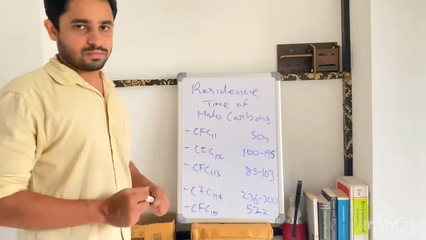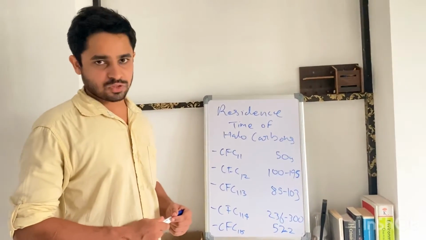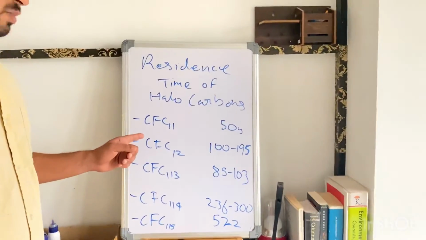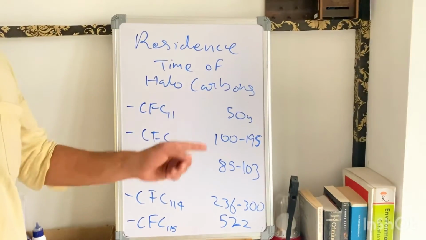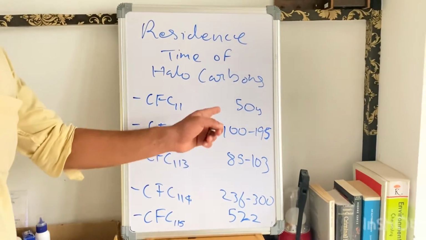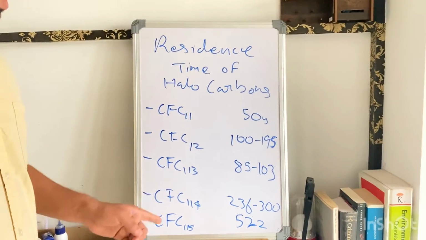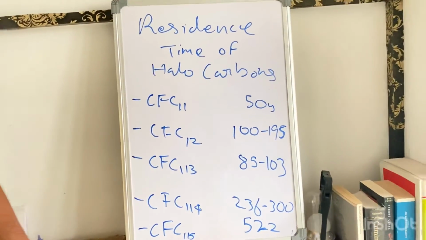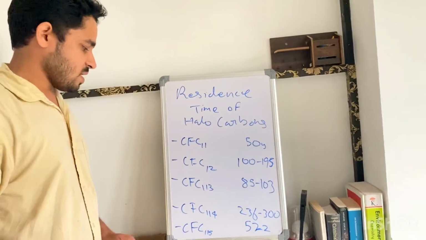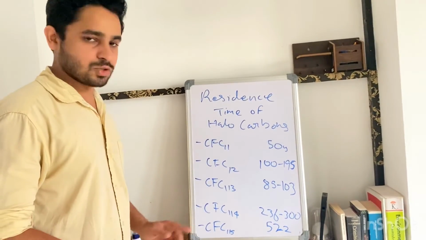The residence time, which is the lifespan of halocarbons in the atmosphere, is given here. The residence time of CFC 11 is 50 years. CFC 12 has a residence time of 100 to 195 years. CFC 113 has 85 to 103 years. CFC 114 has 236 to 300 years. CFC 115 has a residence time of 522 years.